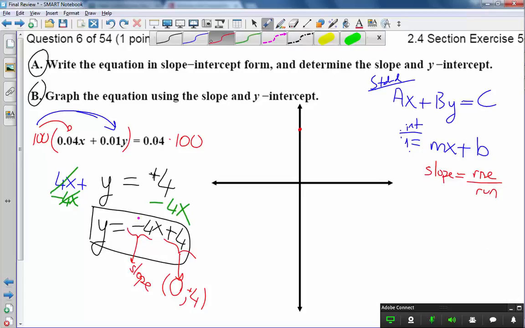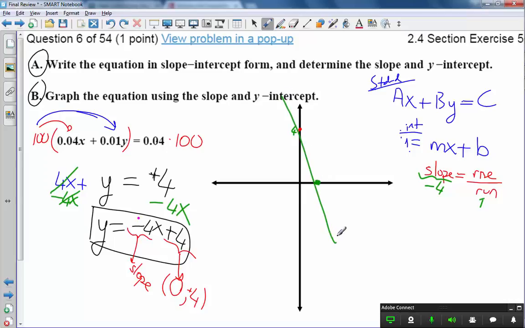And we are saying that this thing is -4. That means every 1 unit you must be declining 4 steps. Not rise, because of the negative, you must be declining. So I will go 1 right, decline 4 down. When I decline 4 down, you're on the ground. 1 right here. This is the line. Okay?